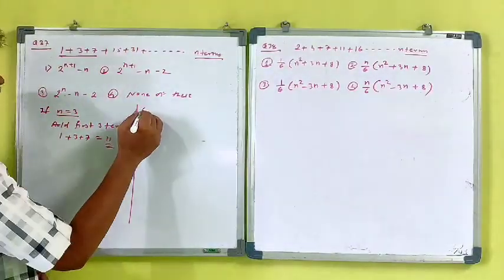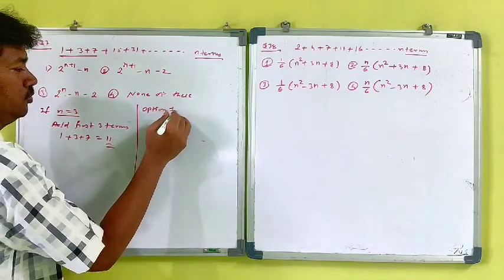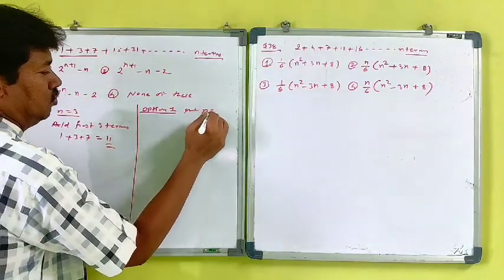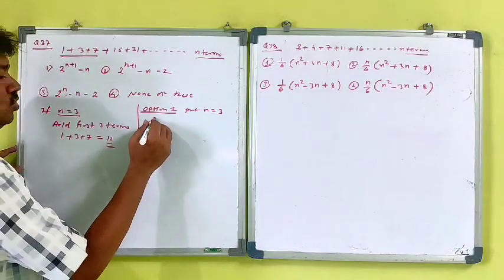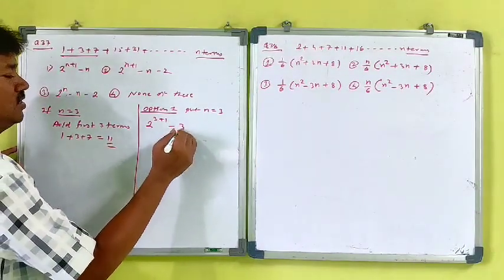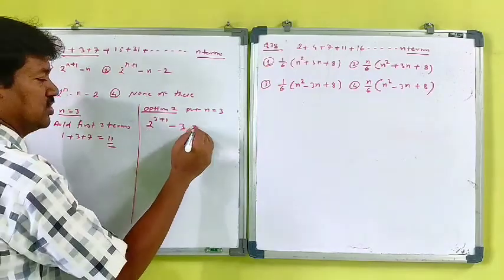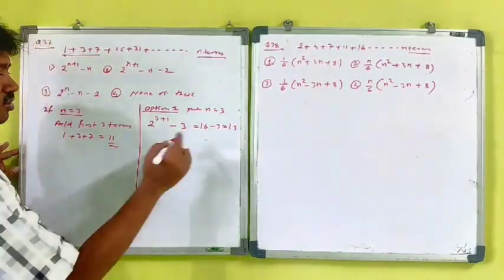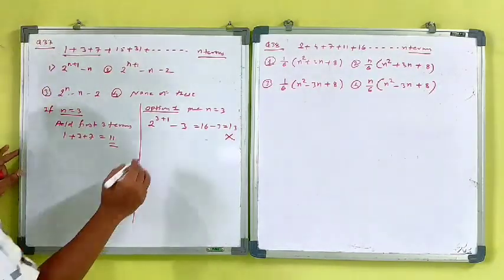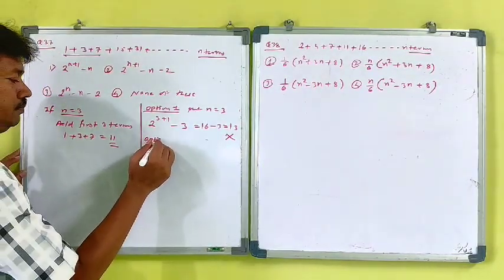option number 1. In option 1, put n equal to 3. That gives you 2 raised to 3 plus 1 minus 3. So that is 2 raised to 4, which is 16, minus 3. So it is 13, which is not matching, so this is the wrong option. Next, option number 2.